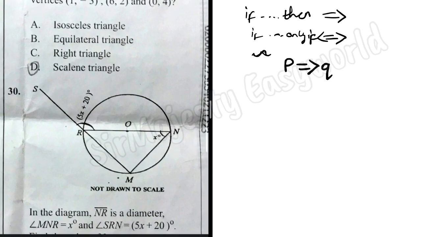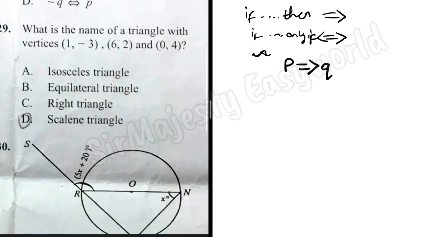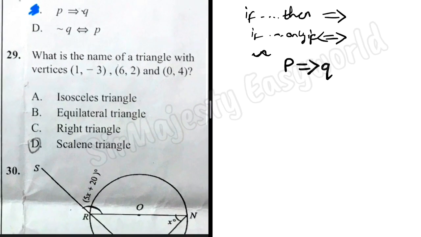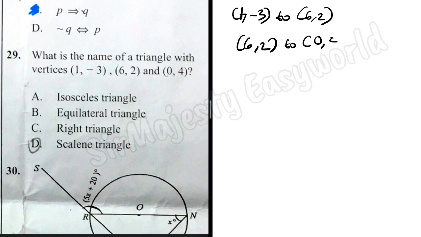Number 29 deals with measurement. We're going to measure the sides from here to here. We're going to measure the sides from (1, -3) to (6, 2), and that of (6, 2) to (0, 4), to know if it gives us equilateral or isosceles.